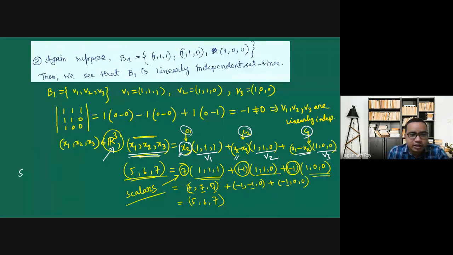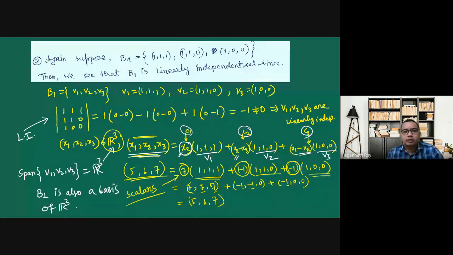So that means the span of v1, v2, and v3 is actually the whole space. Since we have already seen it is linearly independent, we can say that the given set B1 is also a basis of R3.